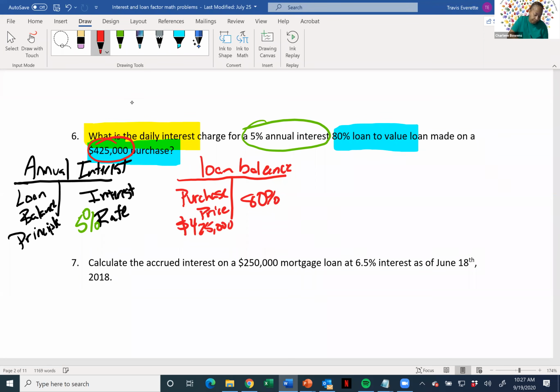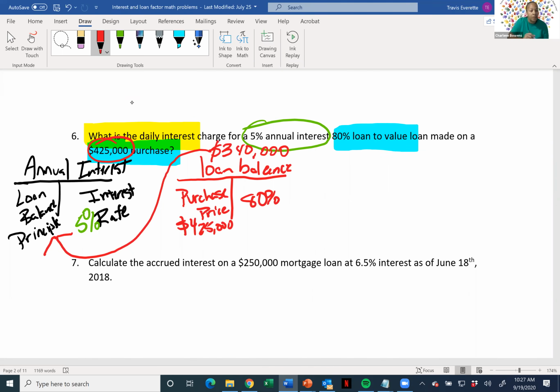So what am I going to do with those two numbers to come up with the loan balance? Multiply it. That's right. So 425 times the 80% loan to value, that's $340,000 for a loan balance. And I can just slide that number over here into that formula, because that's what I needed to complete the formula for my annual interest. Does that make sense?